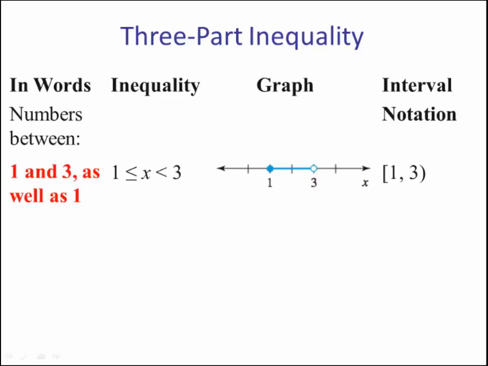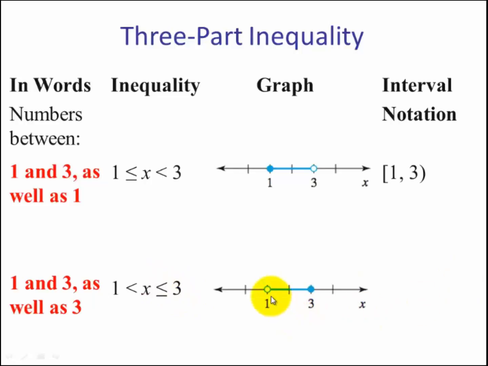And our interval notation would change to a bracket for the 1 and still have an open parenthesis for the 3. If we say 1 and 3 as well as 3, then of course the inequality changes to include 3. The graph now has an open circle at 1, closed circle at 3, and in interval notation we have parenthesis 1, 3 bracket, telling us that it can equal 3.